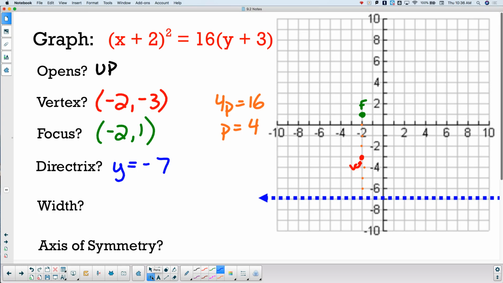Russell, what's the width through the focus? What should be 4? Nope. 16. Okay, so that means I'm going to go how much in each direction? 4 to the right. If I go 4 to the right, then I got to go 12 to the left, right? Is that symmetric?